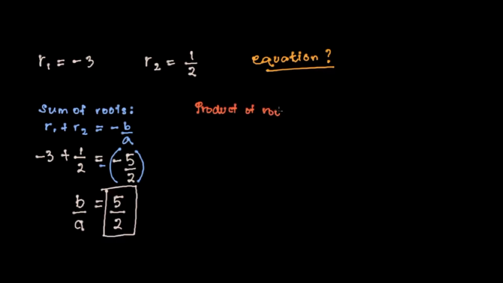Okay, let's see. As we continue, we have this one. Of course, we have r1 times r2 equals c over a. Same with negative b over a. Explain ko yan later bakit naging ganyan. So we have r1, the first root, that is negative 3, right?